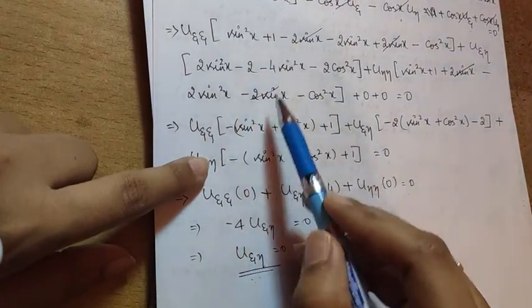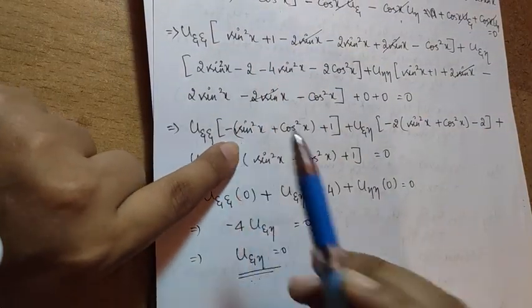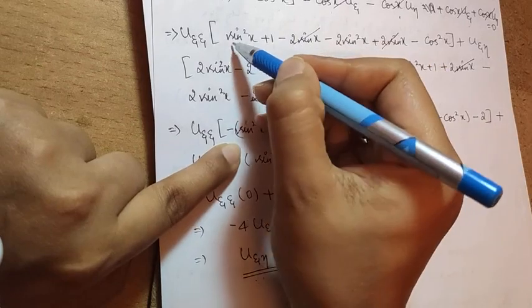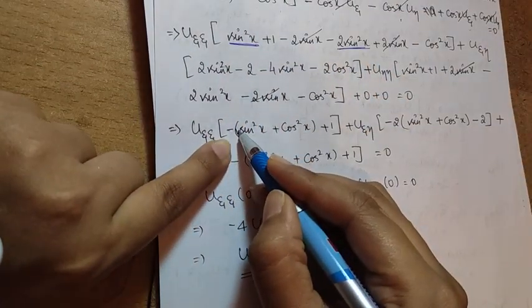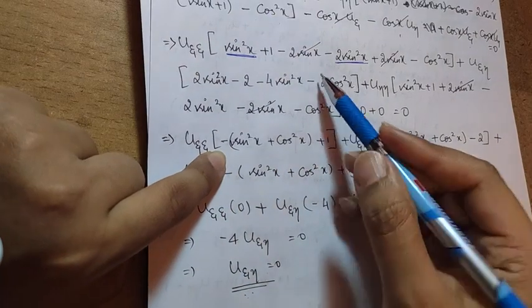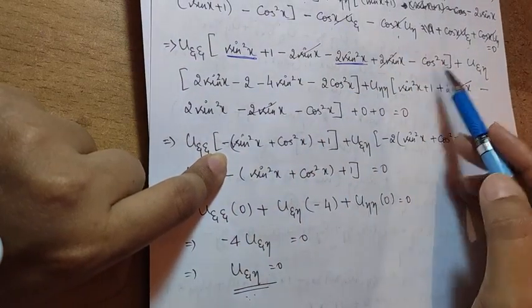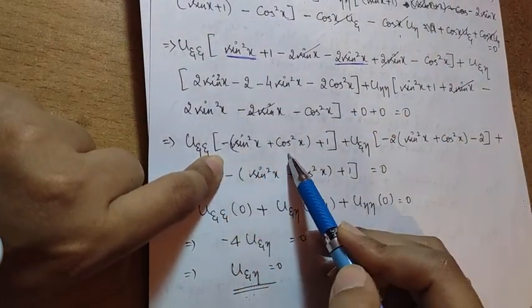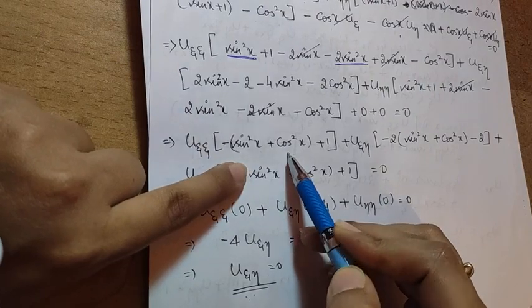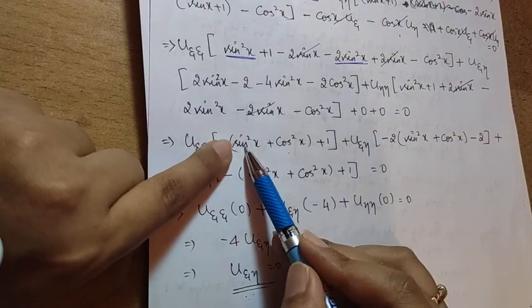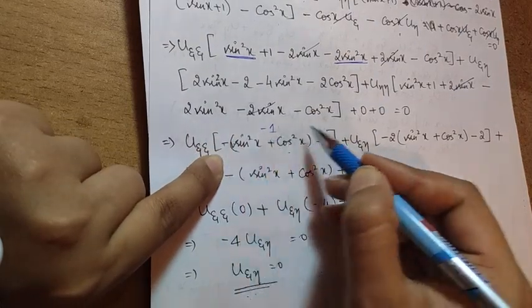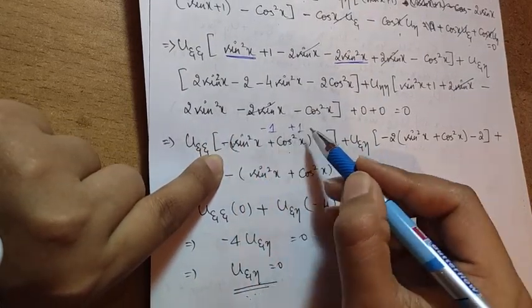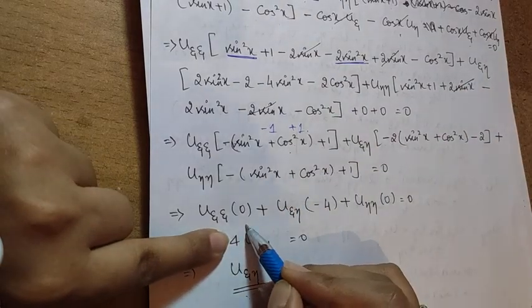So I can write sin square x minus 2 sin square x is minus sin square x, and minus cos square x, since I have taken minus outside, it became plus cos square x plus 1. So sin square x plus cos square x is 1 with negative sign plus 1. So minus 1 plus 1, it is 0.